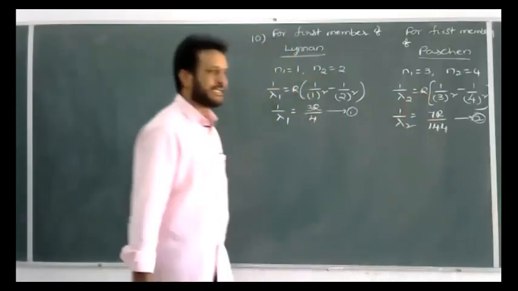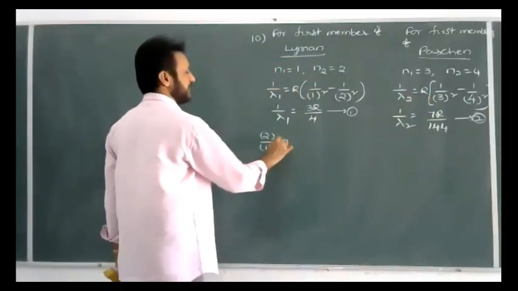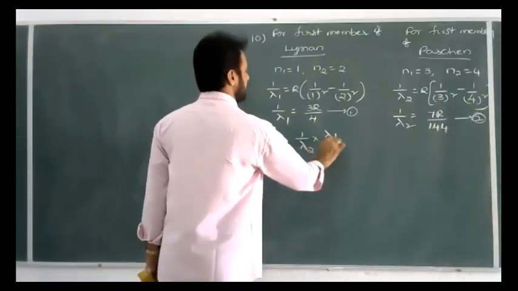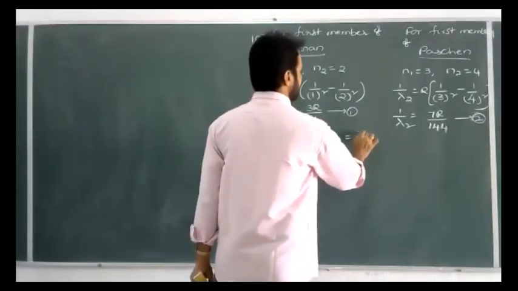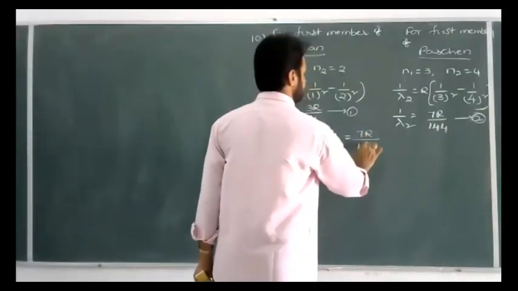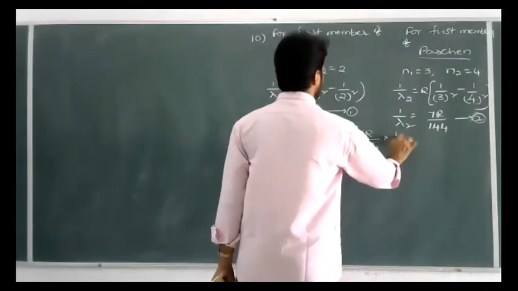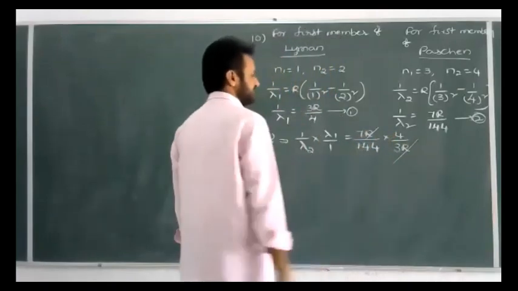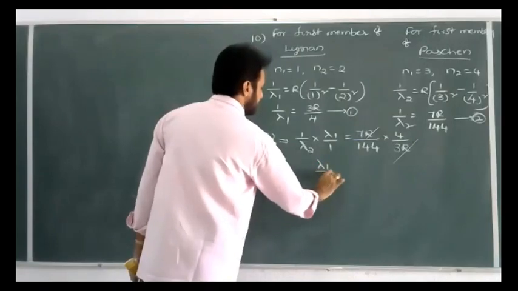Now divide second equation with the first equation. That implies 1 by lambda 2 into lambda 1 by 1. Here second equation is 7R by 144. So divided by, or write into, means 4 by 3R. So cancel R. Then lambda 1 by lambda 2 you should calculate.